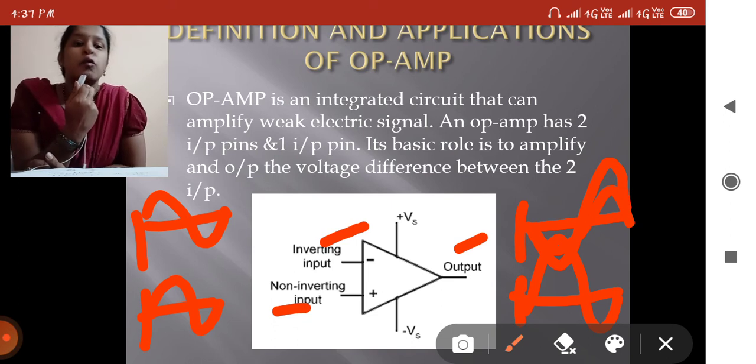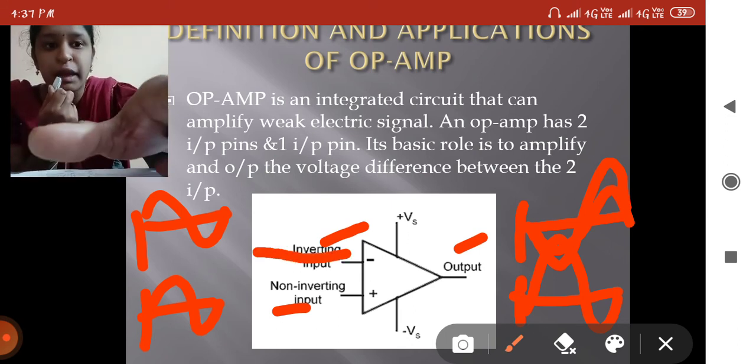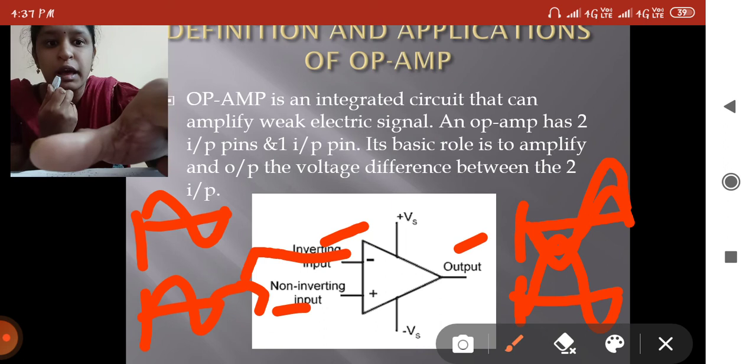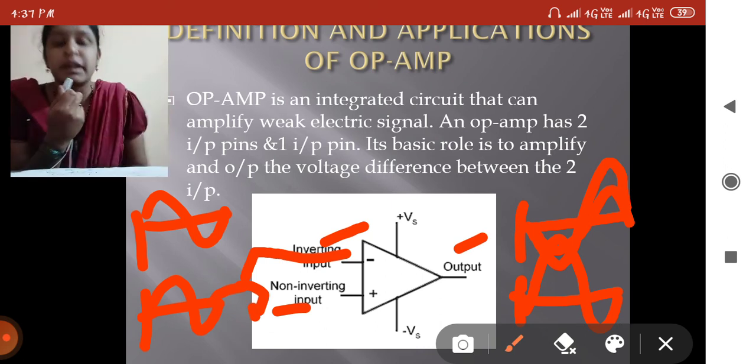And one more terminal, if you are applying the voltage to the inverting terminal, it is an inverting circuit.